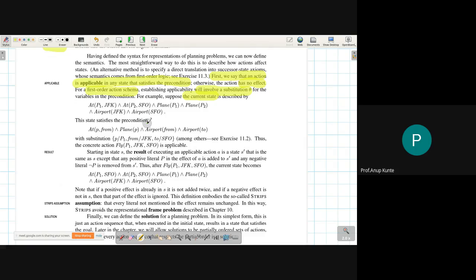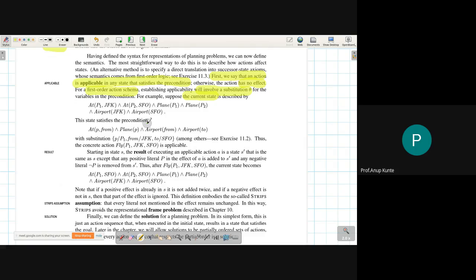So all these six predicates together indicate my current state, which says that there is one plane at JFK and another plane at SFO, both SFO and JFK are airports, and P1 and P2 are planes. This whole information is captured in this state representation.